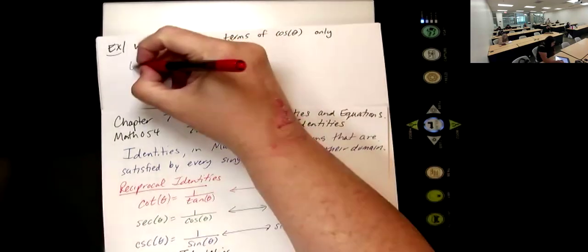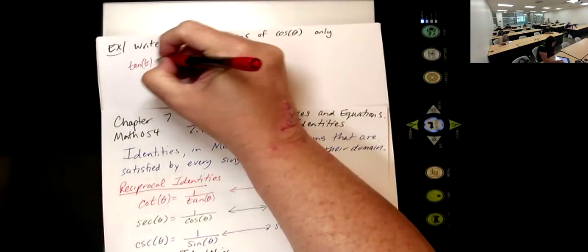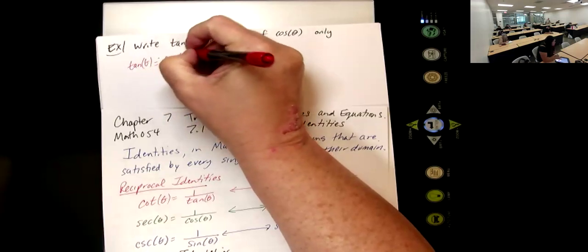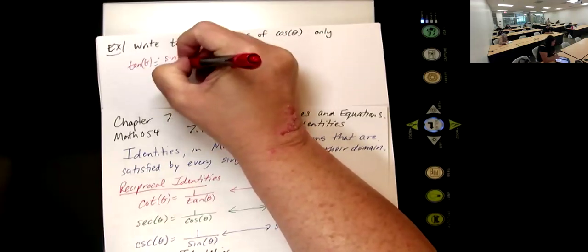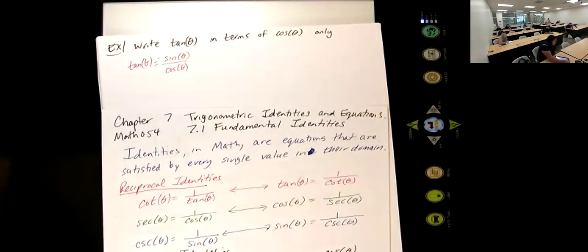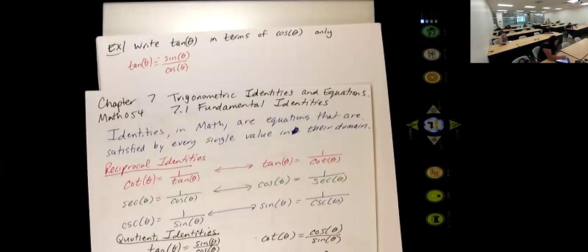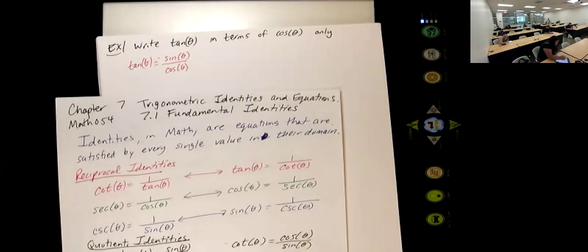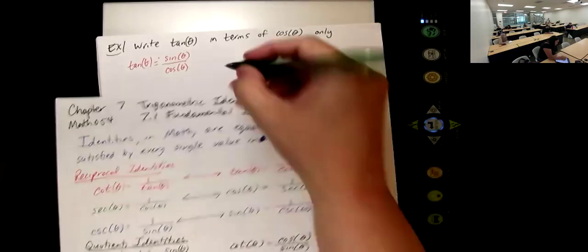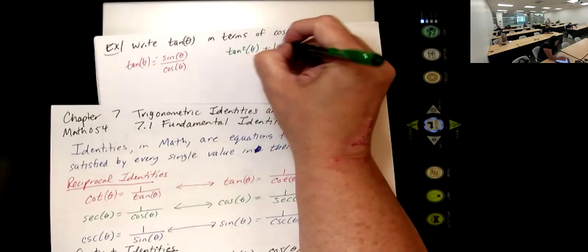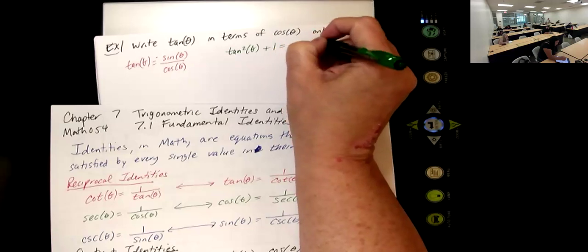We have tangent theta is sine over cosine. That sine looks like it's gonna be a problem, so that one may not help. The only other real identity we have is tangent squared theta plus 1 equals secant squared theta.